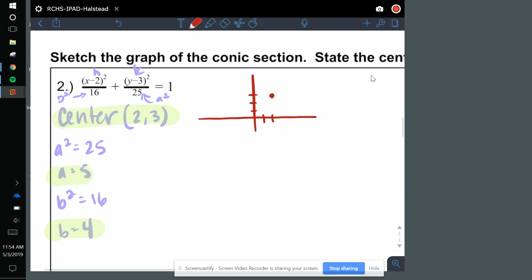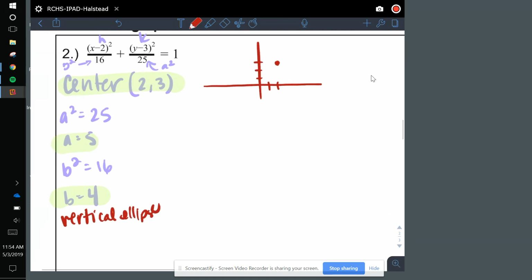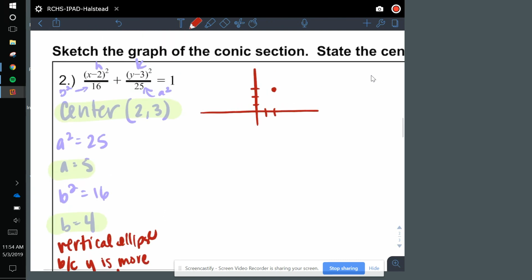Well, since the bigger value is under the y, we are a vertical ellipse because the y is more stretched. 5 up from the center, 5 down, 1, 2, 3, 4, 5. 4 to the right, 1, 2, 3, 4, and 4 to the left.